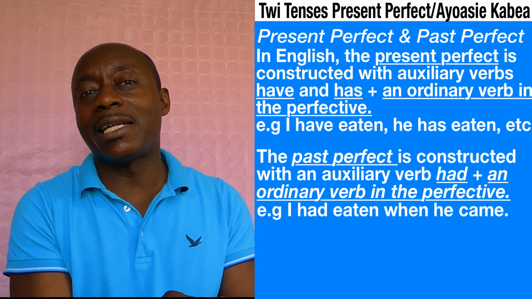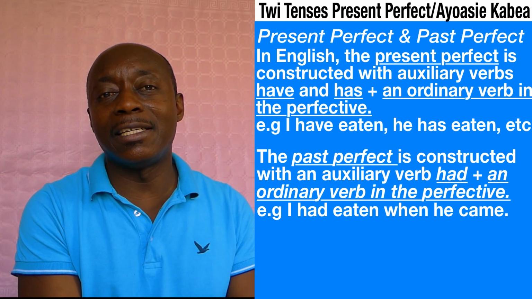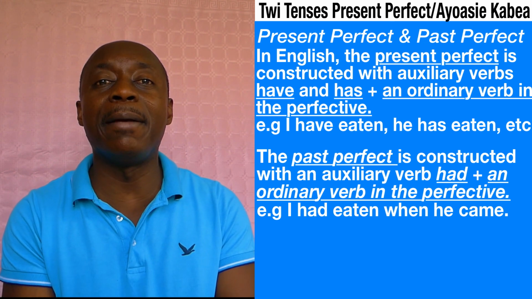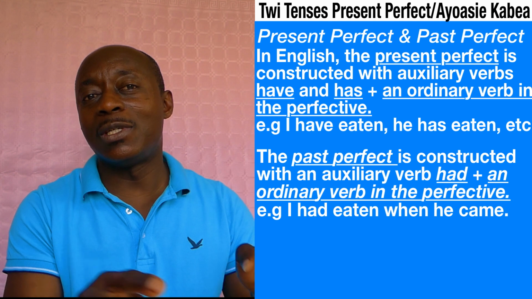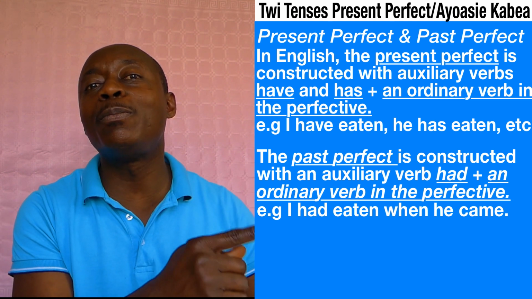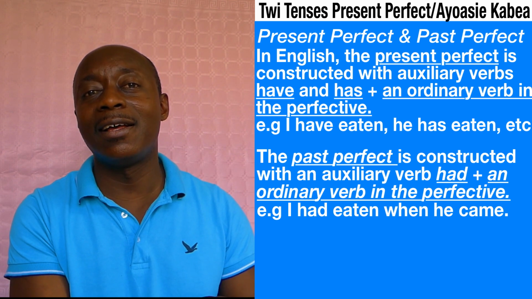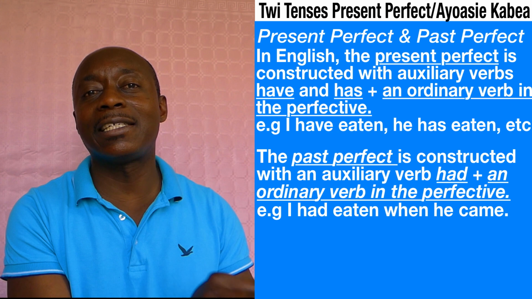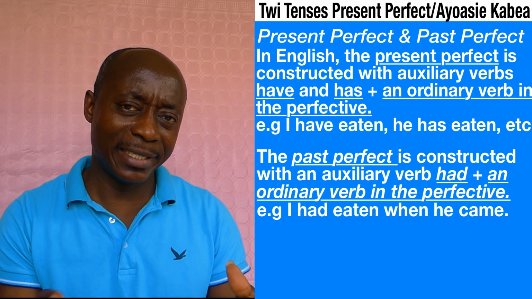So with the example that I gave, I had eaten before he came, or when he came, I had eaten. You see that both events took place in the past, but one took place before the other. So I had eaten is in the past perfect.